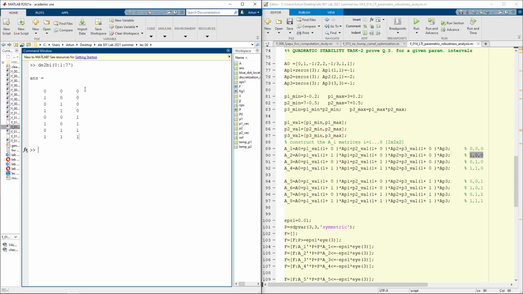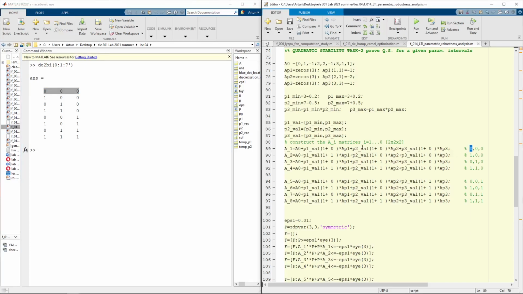And 0 0 0 means, for example, 0, 0, 0, and here you can see the corresponding point. Here 0, 1, 0, here 1, 1, 0, and 0, 0, 1, right?